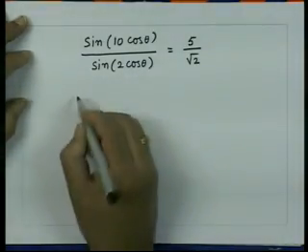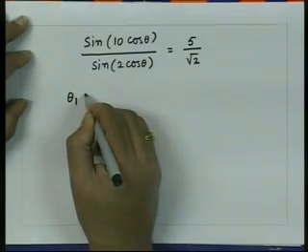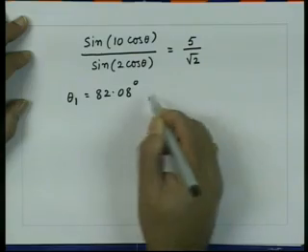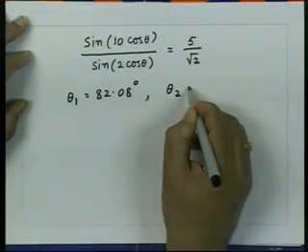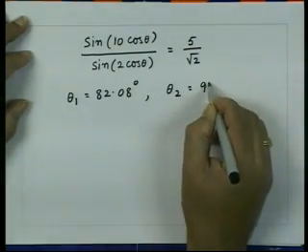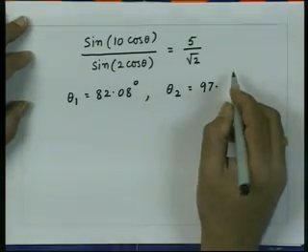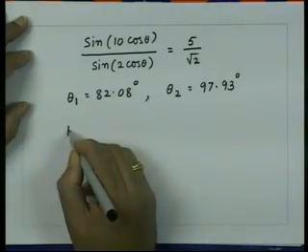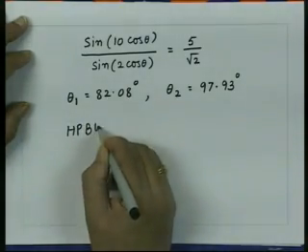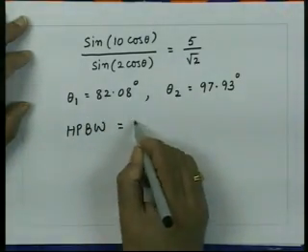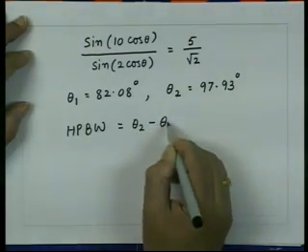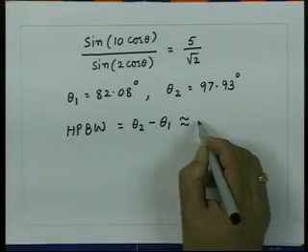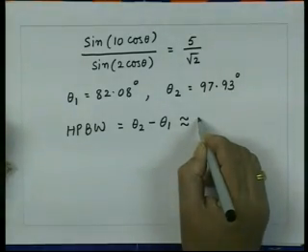And there we get the values of the two angles: theta 1 is equal to 82.08 degrees, and theta 2 is equal to 97.93 degrees. So, the half power beam width for this antenna is equal to theta 2 minus theta 1, that is approximately equal to 16 degrees.